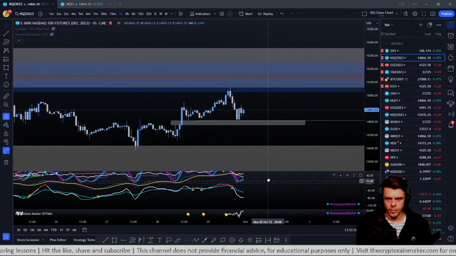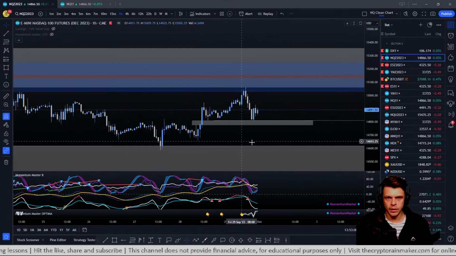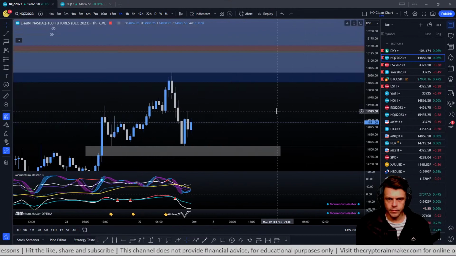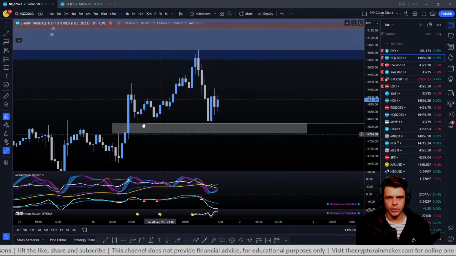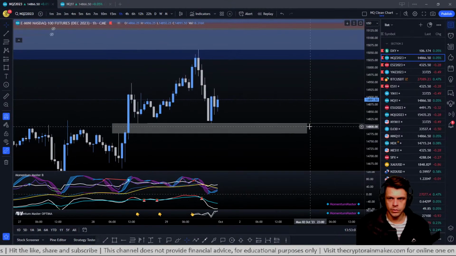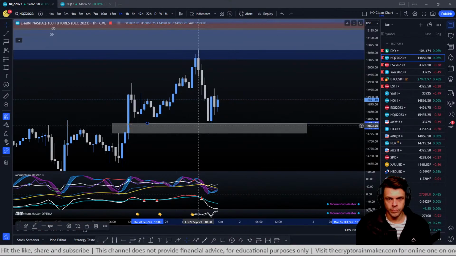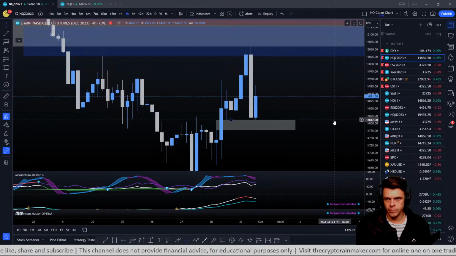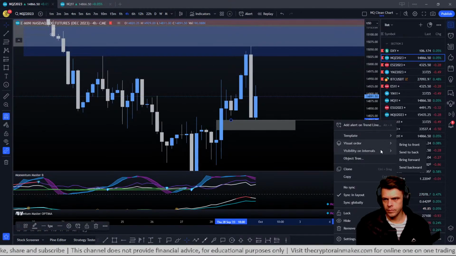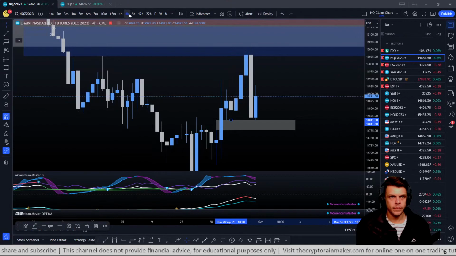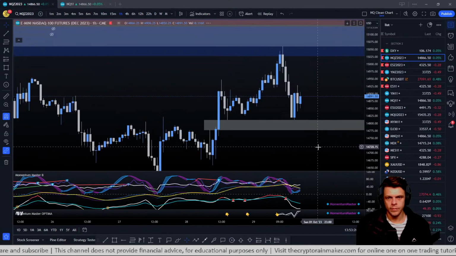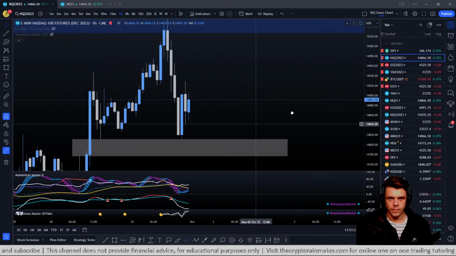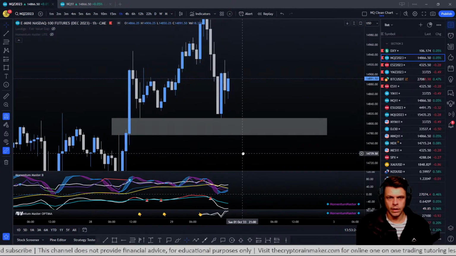Okay, so the 1 hour looks like it wants to make a push to the upside, but if we have a closer look, this is the 4 hour fair value gap.